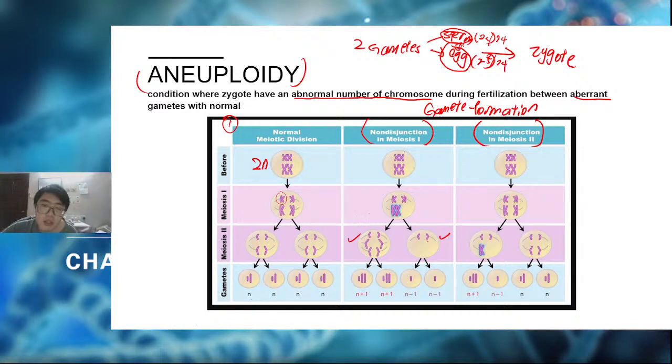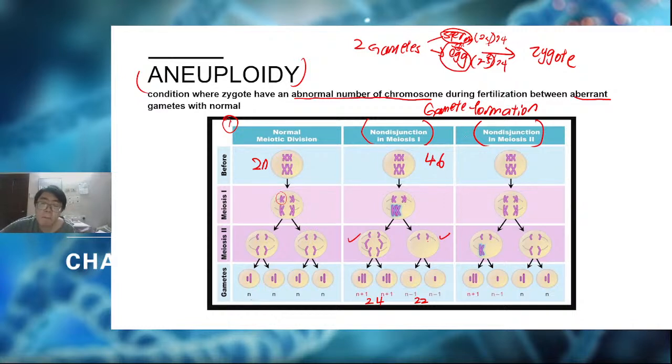Human has 46 chromosomes. Since they are abnormal, your product will contain either 24 chromosomes or 22 chromosomes. Your gamete chromosome number is either 24 or 22. Already a problem.